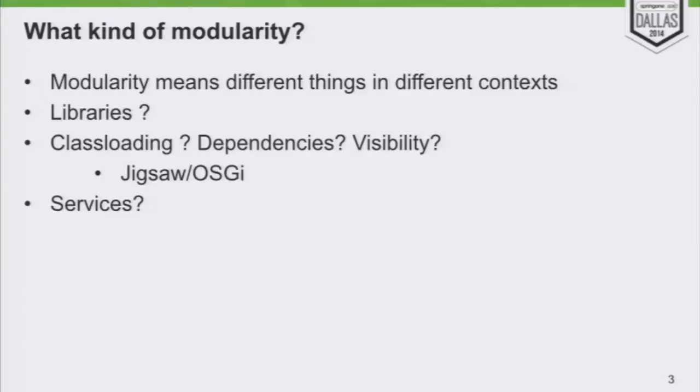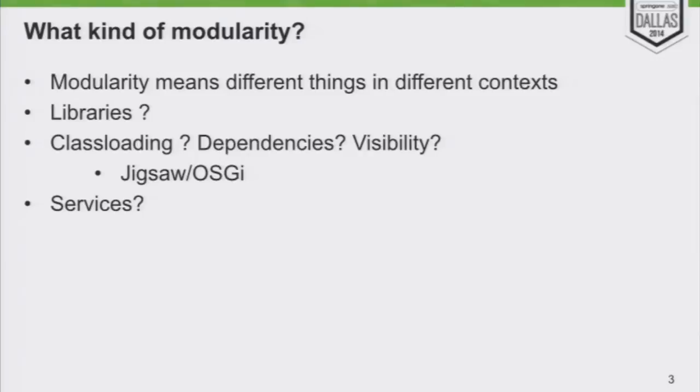And so basically, the question here is, when we talk about modularity, what kind of modularity are we looking at? Because modularity means a lot of things to a lot of people. Everyone has their own understanding of the word. If you ask some, they would tell you, OK, it's the way I can break my application into libraries and include them and make my application work together.